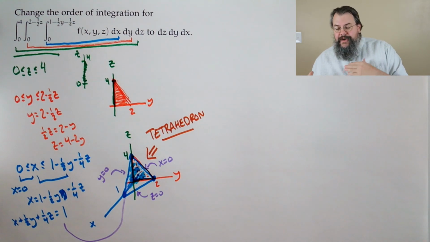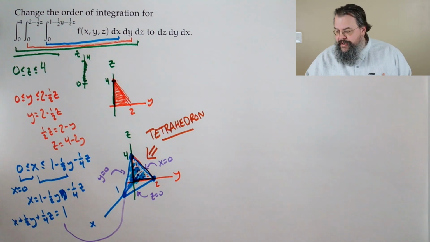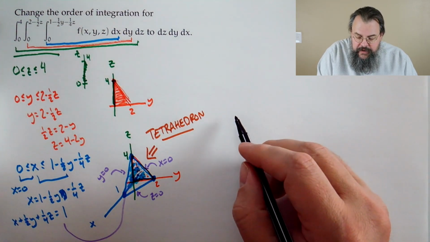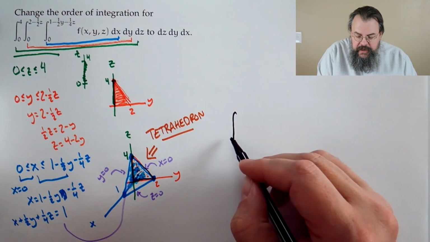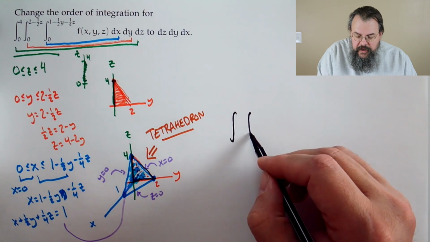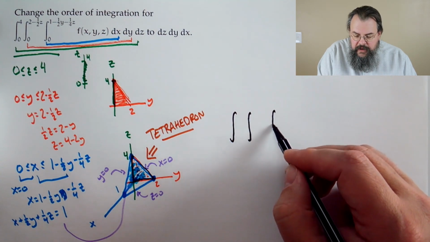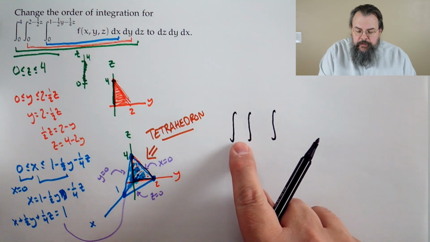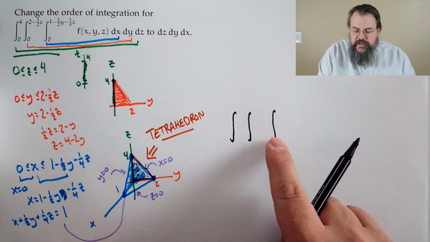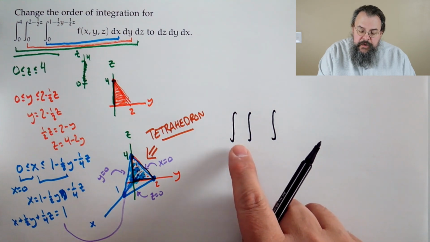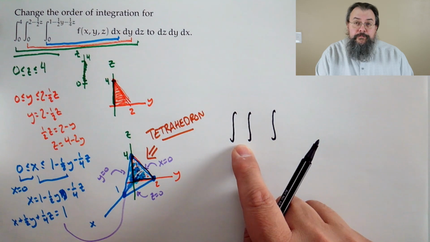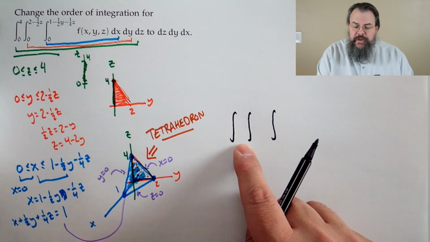All right, so now we've marked everything. We're ready to start working on our bounds. So, great. Let's set things up. So we're going to have an integral, integral, integral. And if you're wondering why I put more space between the first and second versus the second and third, the answer is between the first and second, it's always between two numbers, which tends to be small things to write.